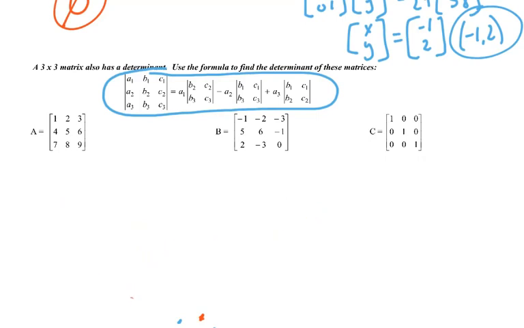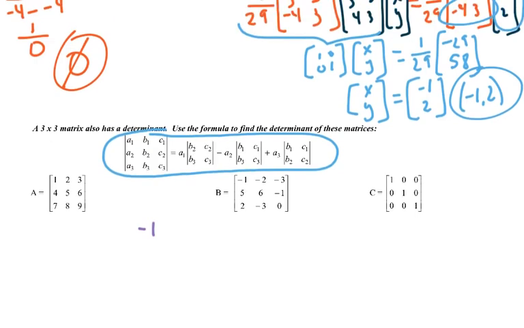Let's try this again. So again, just following the formula, -1 times B2C2, B3C3. So that's going to be 6, -1, -3, 0. And then I'm going to subtract A2, which is 5, B1C1.